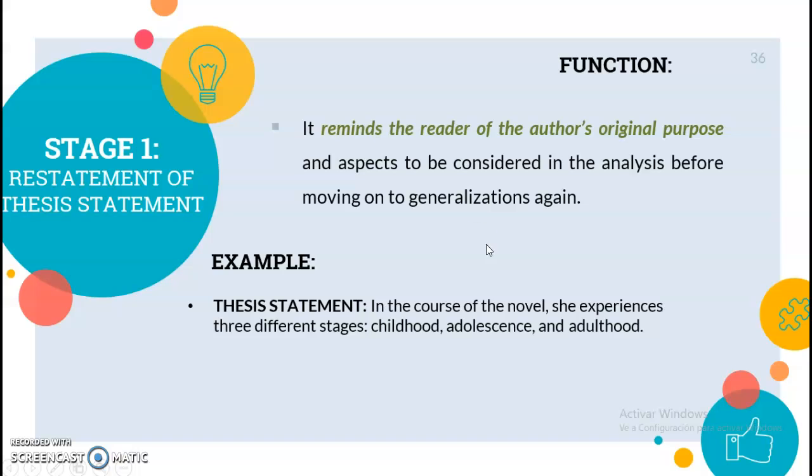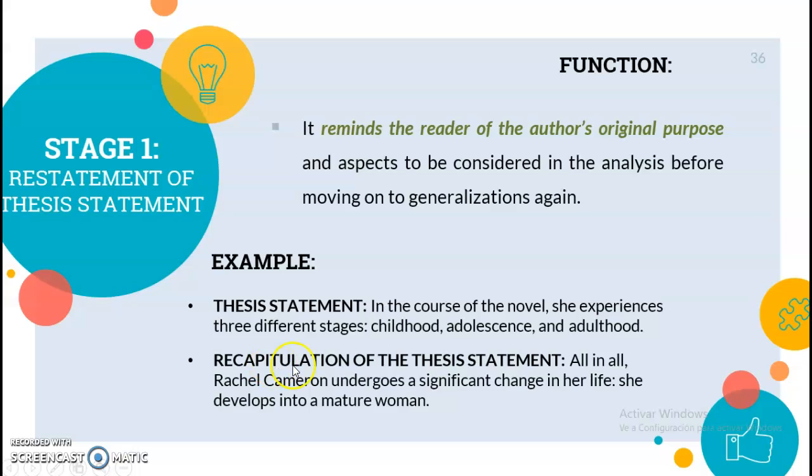Let's take a look at this example. Here we have a thesis statement that says, in the course of the novel, she experiences 3 different stages: childhood, adolescence, and adulthood. And in the recapitulation of the thesis statement, we have, all in all, Rachel Cameron undergoes a significant change in her life.